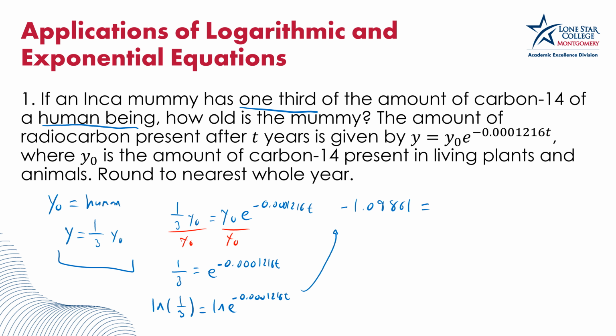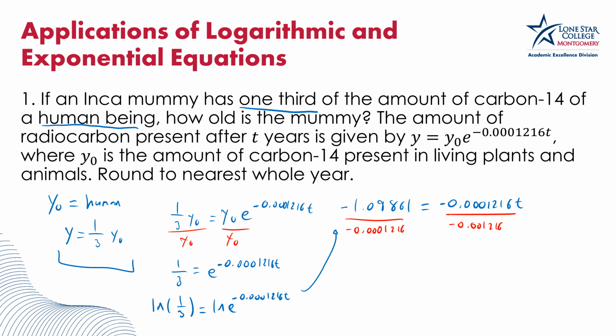And on the right-hand side, the ln and e, because they're inverse of each other, they go away, and we're left with just negative 0.0001216 t. And then to get t by itself, our time, we would divide both sides by that negative 0.0001216.